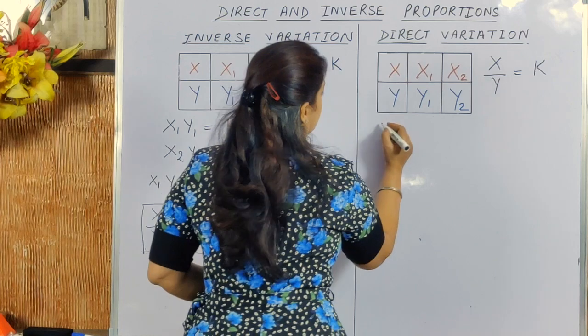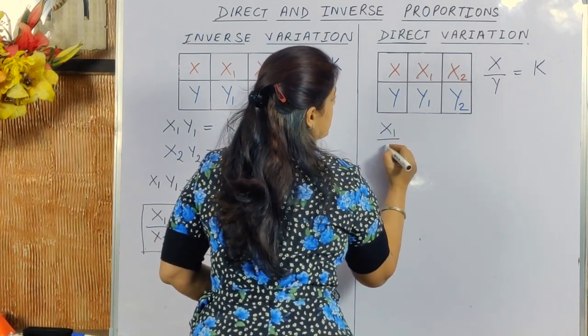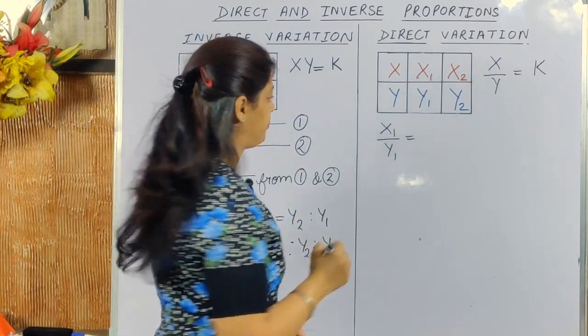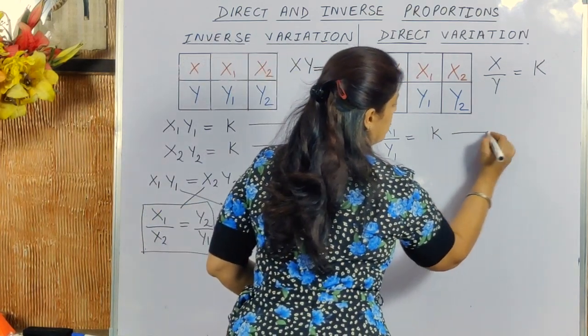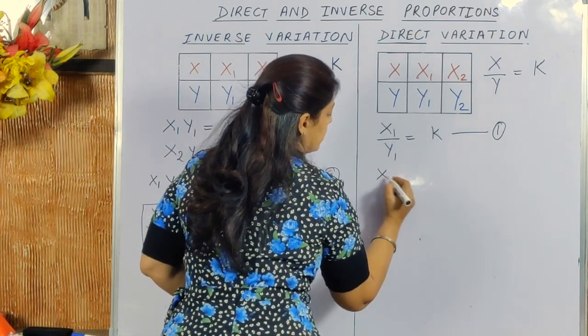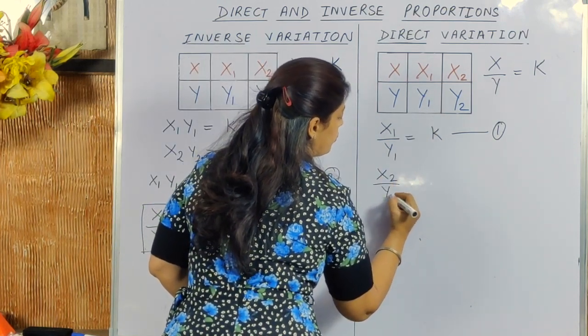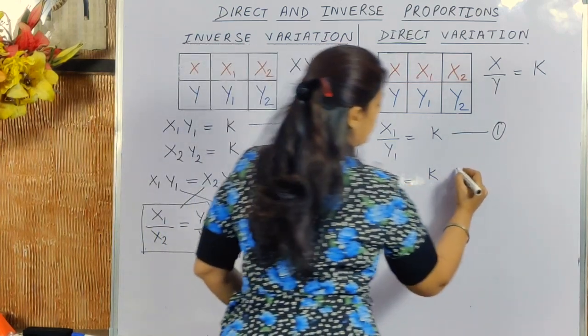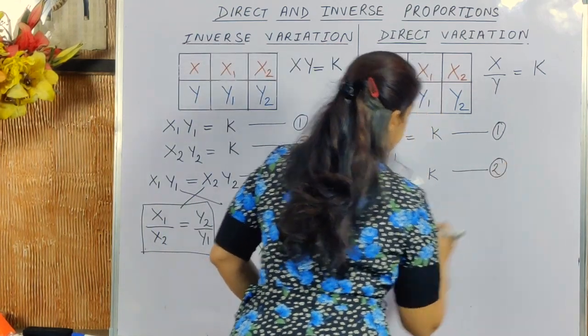So in case of direct variation, x1 upon y1 will remain the same, say equal to k. So this is my first equation. I can also say that x2 upon y2 will also remain the same, equal to k. So this is my second equation.